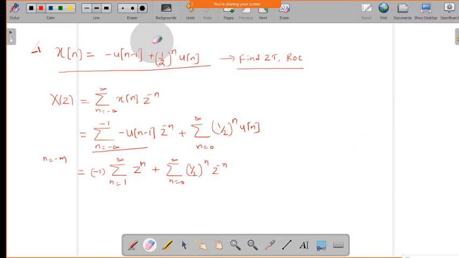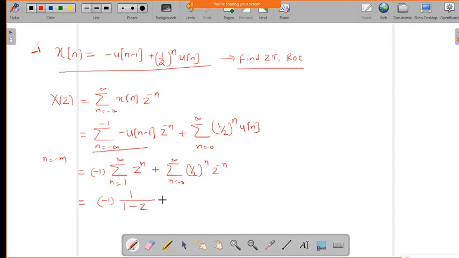Now we can express this using the alpha power n formula, 1 over 1 minus alpha. So with the minus 1 outside, we can write it as minus 1 over 1 minus z.